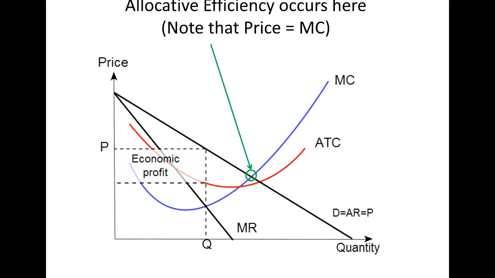And then a lot of times in these graphs you need to find where the allocatively efficient outcome would occur. The way I like to think of that is just where perfect competition would get you. Marginal cost is really the supply curve, so if it were perfect competition, supply, blue, equals demand right there. And you can see this is also where price equals marginal cost.